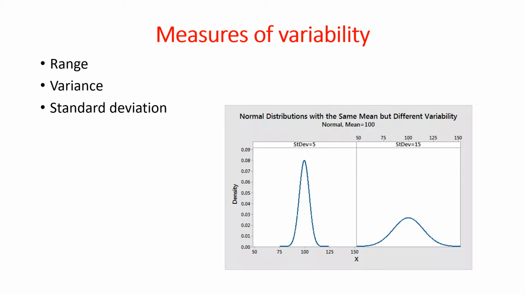So the question we ask when we think about measures of variability is how distributed our data points are. And then we have three types of measures: range, variance, and standard deviation. I'll talk about each of them, and then we'll see how we can calculate them in Jamovi.